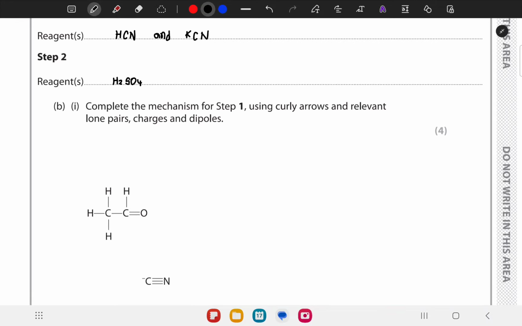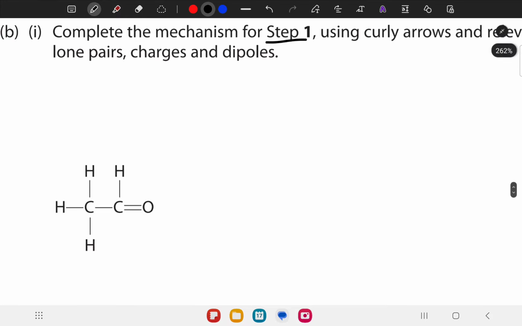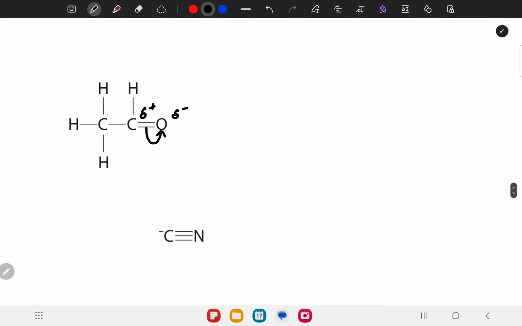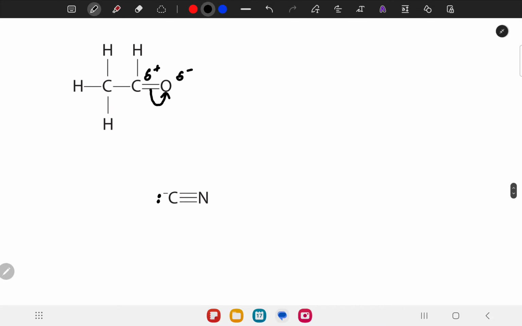Now we have to complete the mechanism for step 1. This carbon is electropositive. This double bond will break heterolytically. There's a lone pair over here on this carbon, and this will attack this carbon over here.